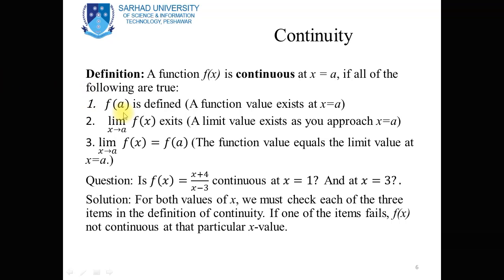The function value of the function is defined, the limit value of the function exists, and the function value and the limit value are equal. If these three conditions are satisfied, then the function will be continuous. If one of the conditions fails, then the function will be discontinuous.